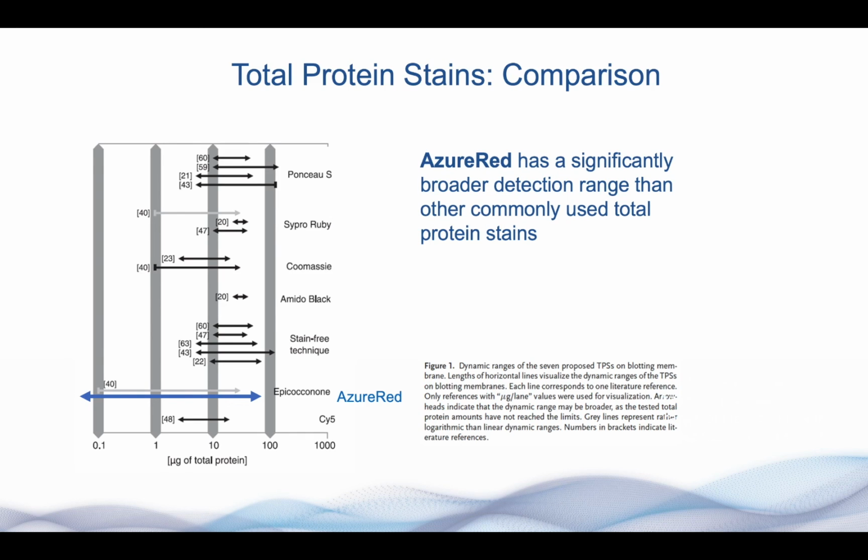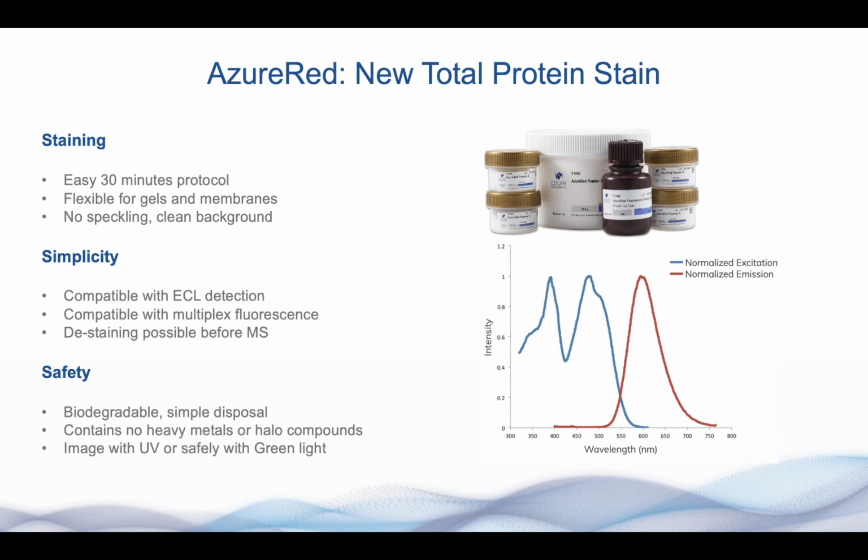I also like to mention something about total protein stains. Total protein stains are a way to help us normalize or check for uneven loading of the proteins on our Western blot. For example, here is a list of a lot of different total protein stains. The stain that stands out is called Azure. It's based on epicocconone chemistry, which gives it a great range of sensitivities from 0.1 micrograms up to tens of micrograms, which is a great dynamic range.